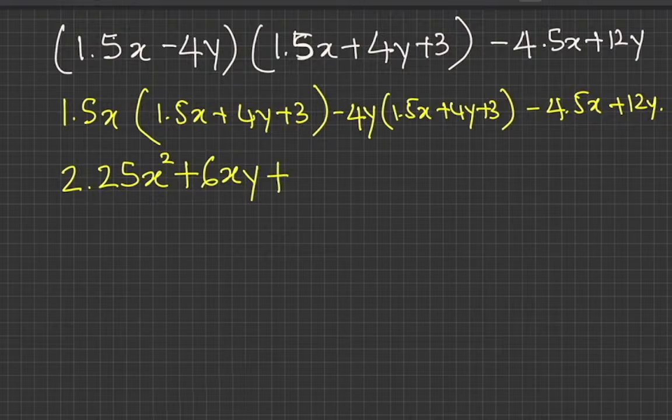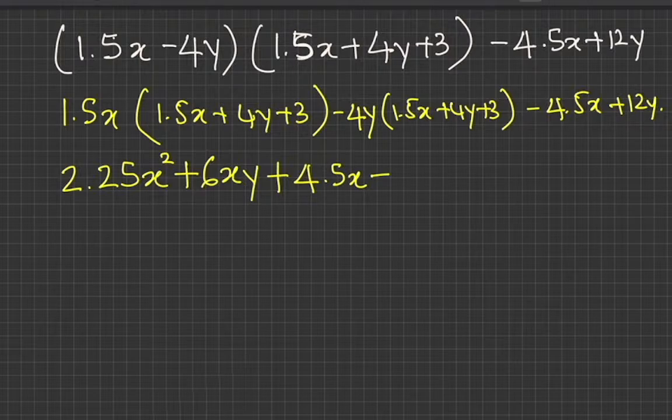Plus 15 times 3 is 45. So it is 4.5x, right? Same thing, negative 15 times 4, 60.